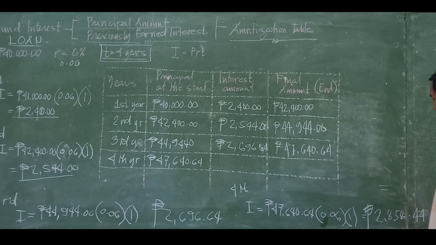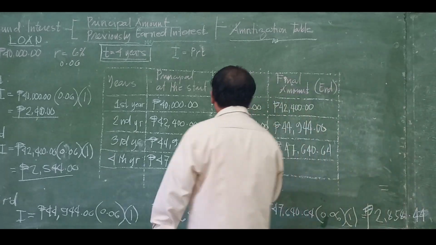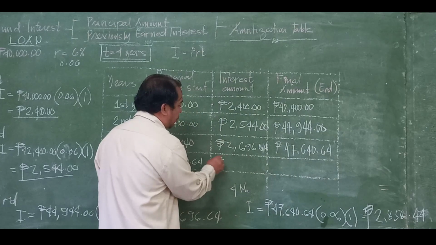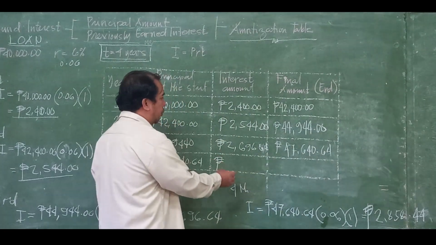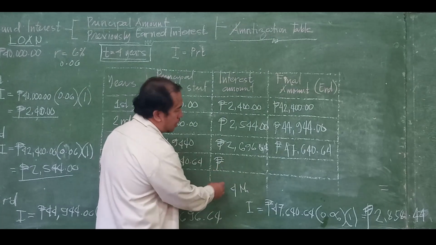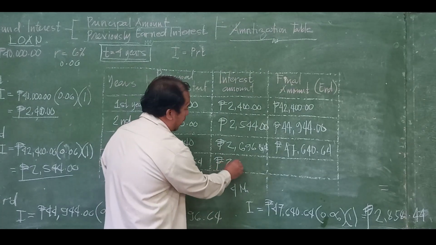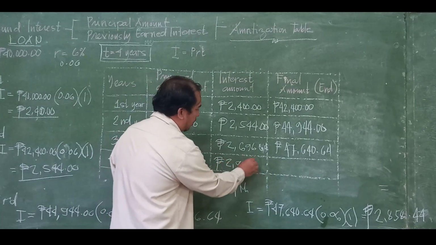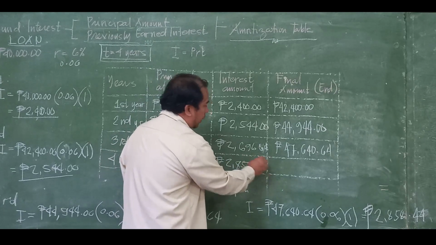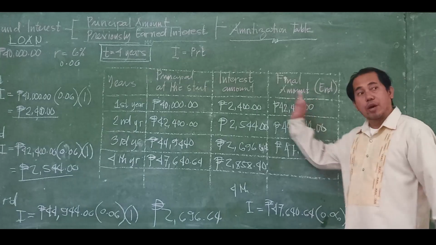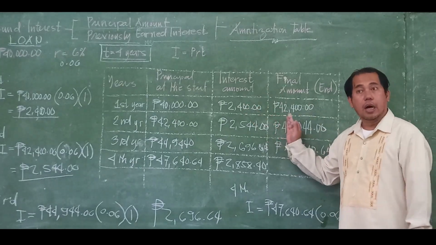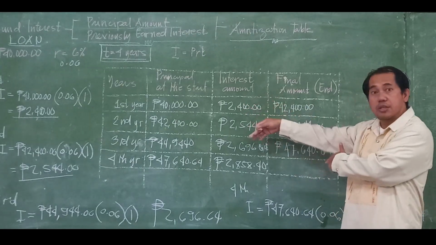Now, notice that the interest for the fourth year is 2,858.44. See? Are we doing it sequentially?